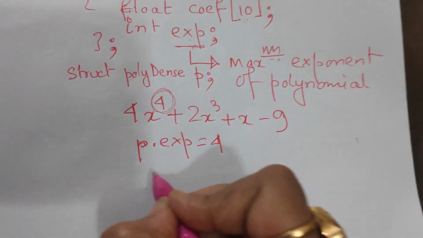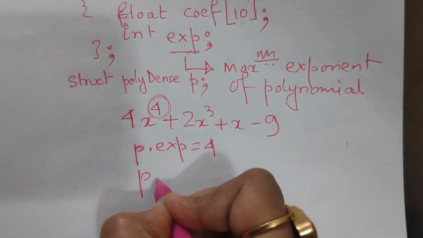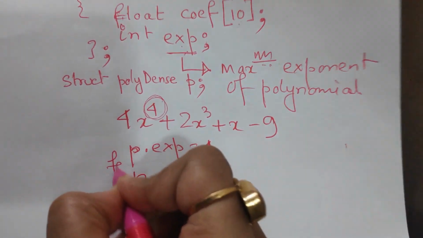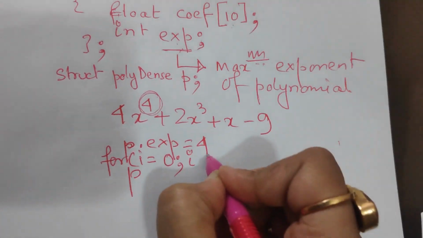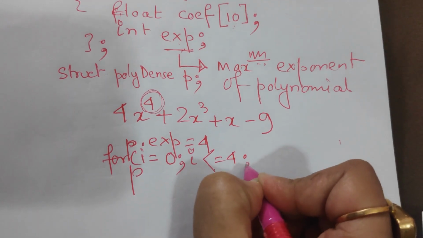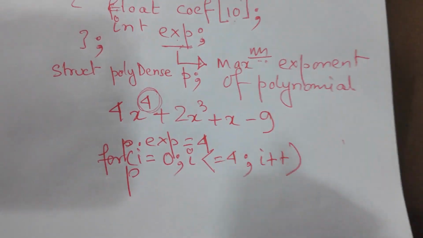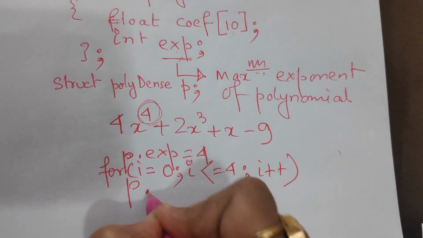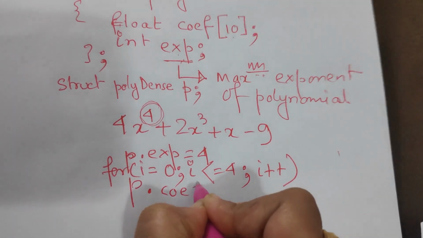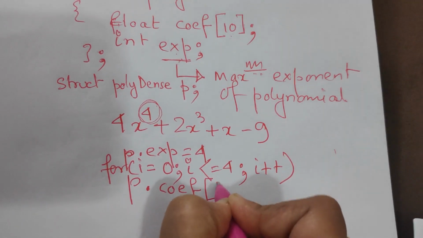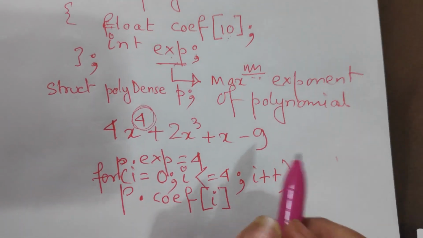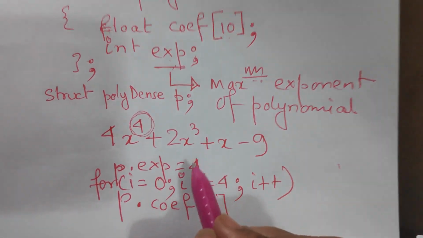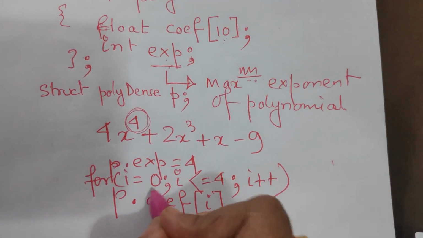Now we will be in a loop for I is equals to 0, I is less than or equal to 4, I plus plus. We will populate all the coefficients for all the terms from 0 to 4.